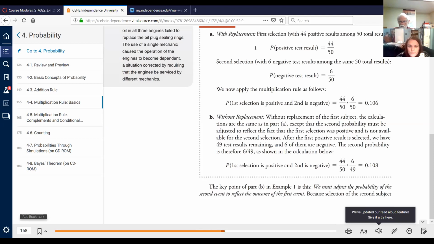A lot of times they'll replace that one so that these statistics become a little bit easier to deal with. If they don't replace it, then they've got one less in the pool.